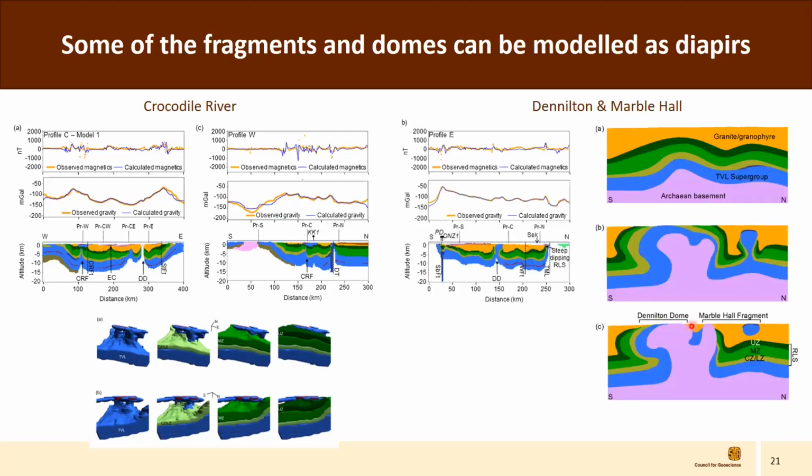And then if we go to the east, the Denelton and Marble, the Denelton definitely I can model as a diapir. So I made this rough, very simple picture of maybe how it developed, that you had a pre-existing basement high in the Archean basement, and the Bushveld intruded, and due to the heat and the pressure, things became more viscous. I know it depends on the granite and the amount of water in it when it will become more viscous, but say it became viscous.